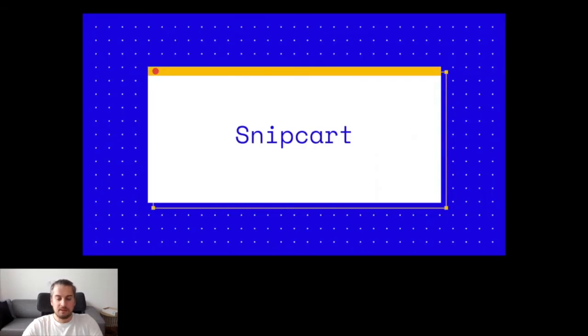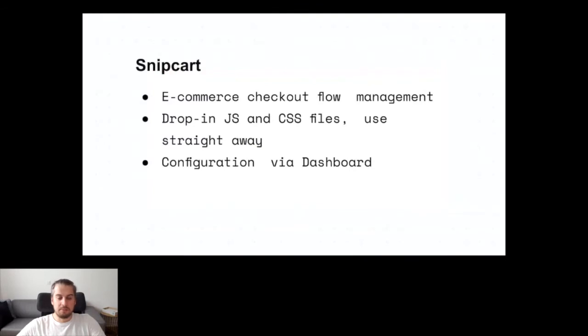And the other provider forms one of the core parts or components of our application, because we're building an e-commerce platform and we're using the Snipcart API. Snipcart is a company that provides you with a full-blown e-commerce checkout management.